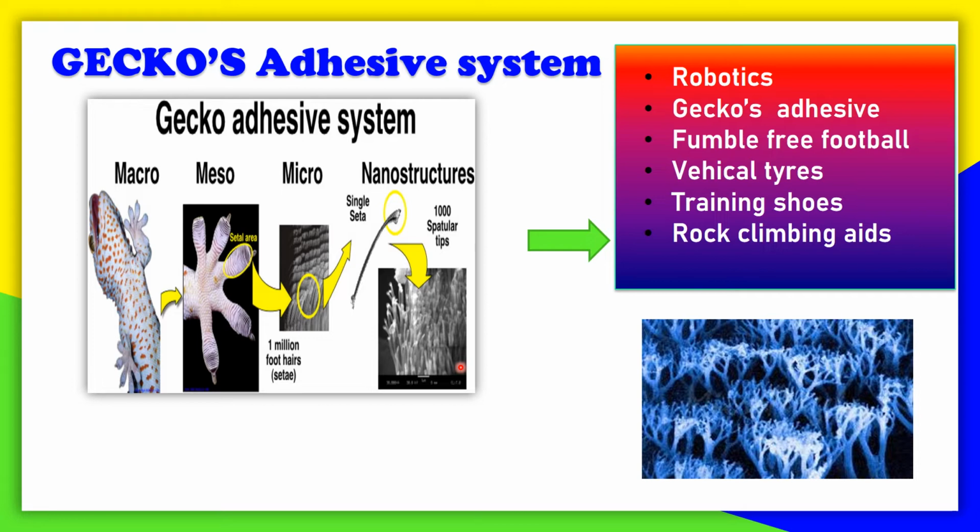So that means it could lift a child weighing 45 pounds. The various applications of the gecko's adhesive system are in robotics, gecko adhesive, fumble-free football, vehicle tires, training shoes, and rock climbing aids.